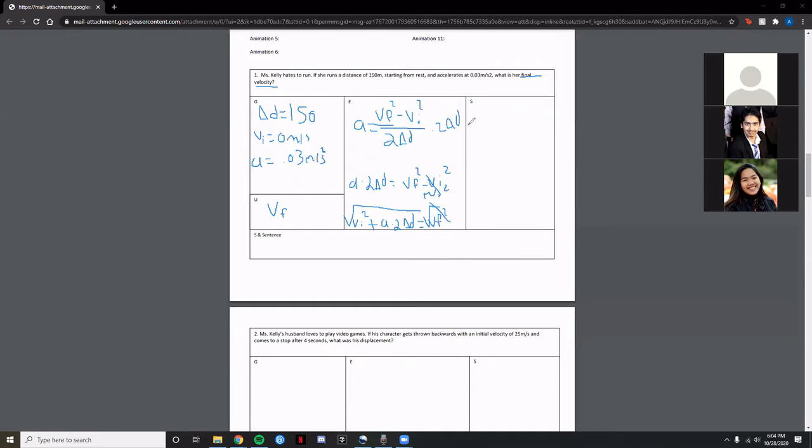And so to substitute it in, v of i we said was equal to 0, so 0 squared plus, parentheses for this real quick, 0.03 times 2 delta d, that's 300, so 0.03 times 300, and the square root of that equals v of f.